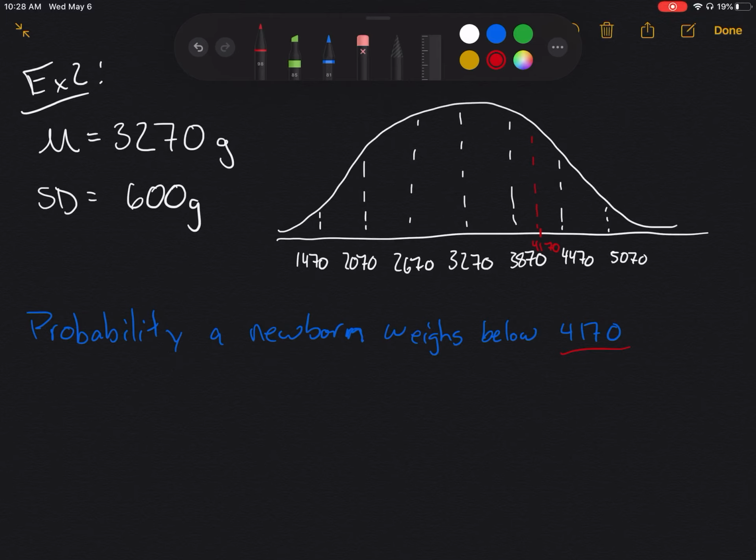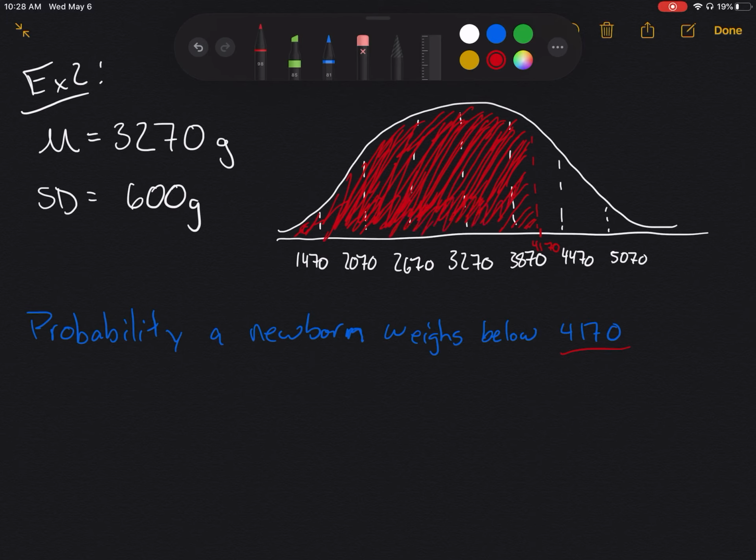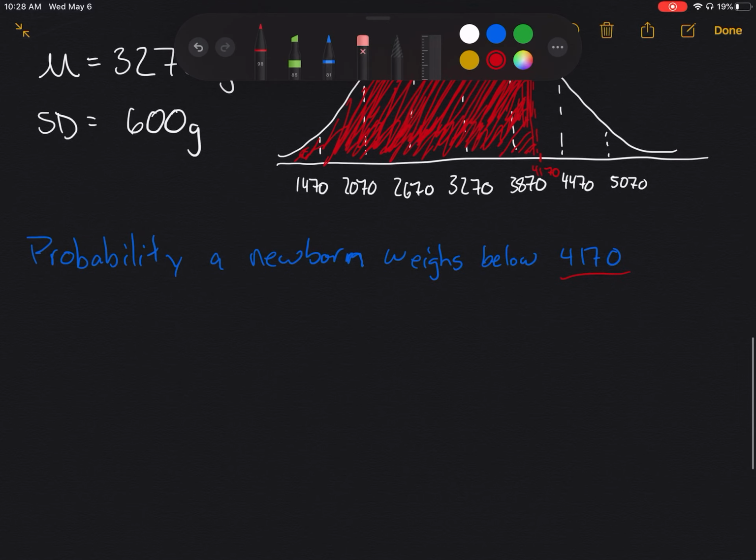Well, it's asking what's the probability that a child weighs below 4170, so it wants this area, okay? So once we find our value in the table, because it always gives us the probability below some z-score, then we won't have to do any extra calculations after that, right? So the only calculation we need to do is finding the z-score.